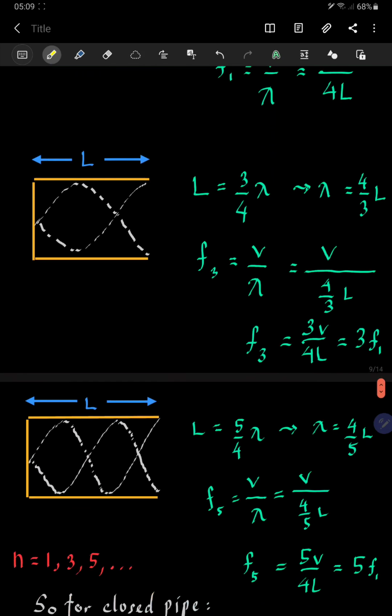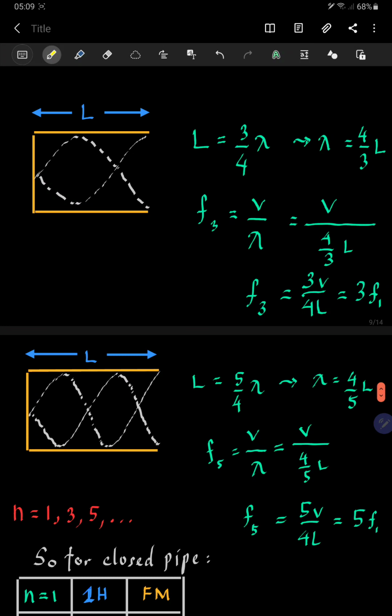Alright. Next, for the third part, how many lambda do we have? Quarter, quarter, quarter, quarter, and quarter. So how many segments do we have? First segment, second segment, third segment, fourth segment, and fifth segment. So L equals 5 over 4 lambda, because we have quarter plus quarter plus quarter plus quarter plus quarter, giving you 5 over 4 lambda.